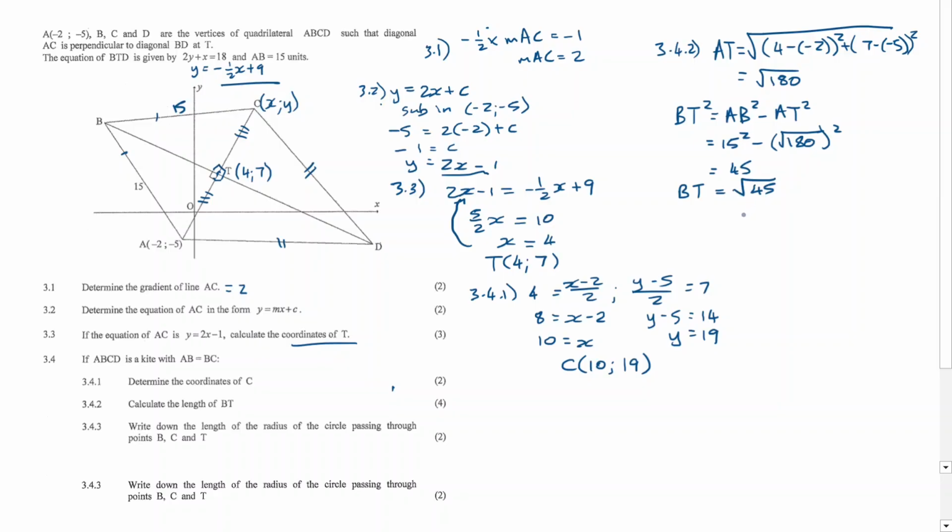Last question, calculate the length of the radius of the circle passing through B, C, and T. What does that mean? It means that you've got a circle passing through, and if you've got a 90 degree, then opposite the 90 is the diameter. They're trying to see if you know that rule of angles in a semicircle.